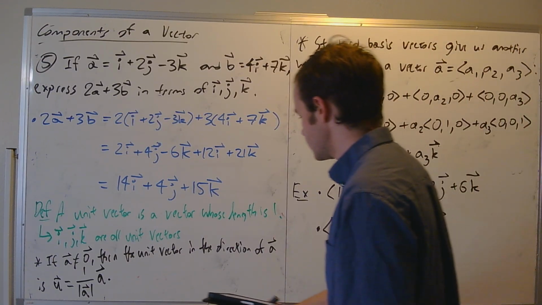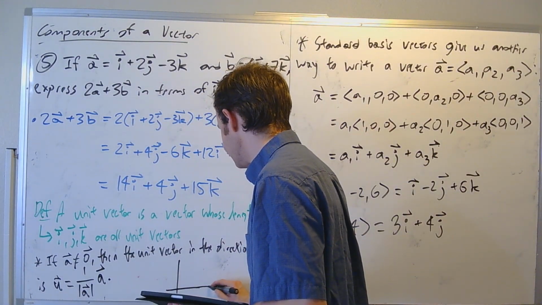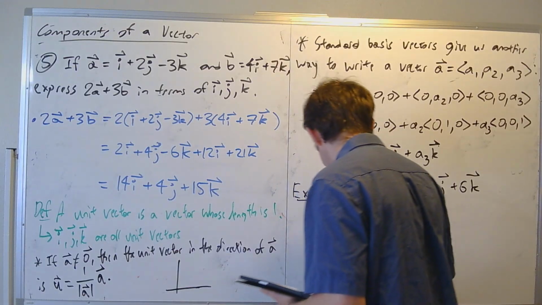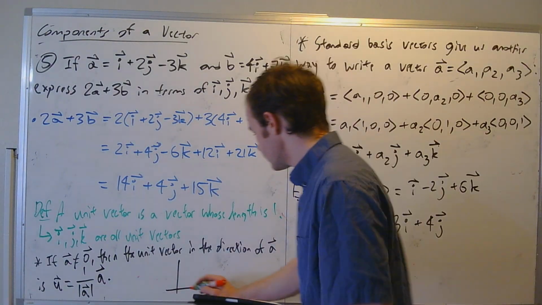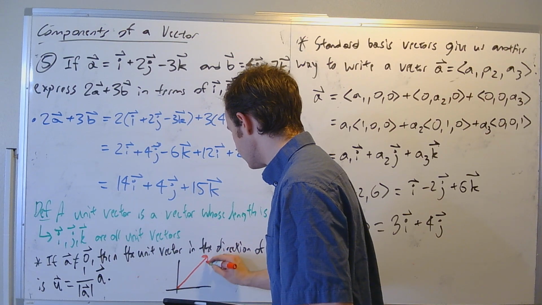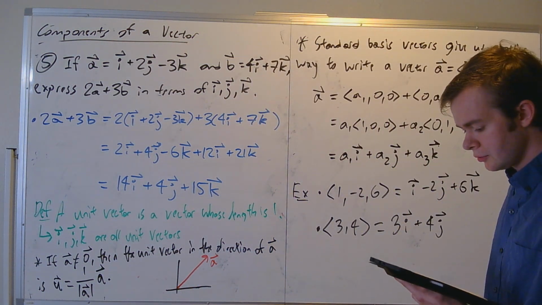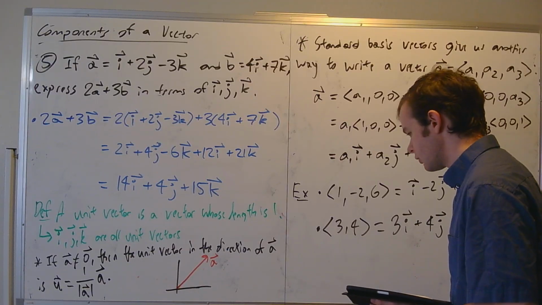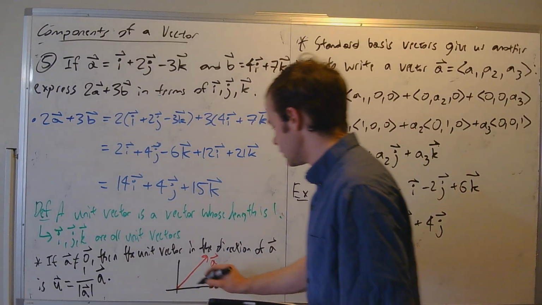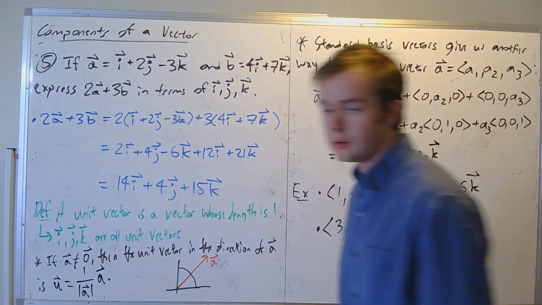So I'll draw a picture of what this looks like. This might be a little bit small, but let's say we have our starting vector A. And we want to make it a unit vector. So what we do is we divide it by its length. And then we're going to get a vector that has its endpoint on the unit circle.